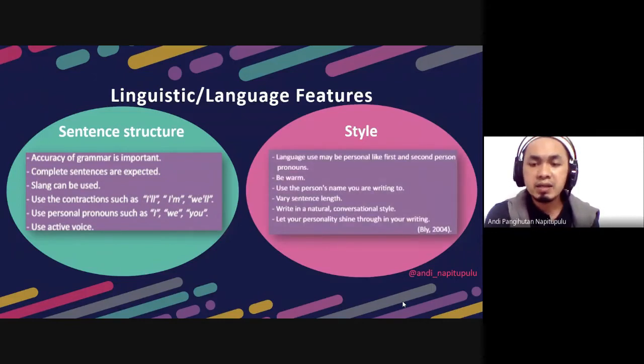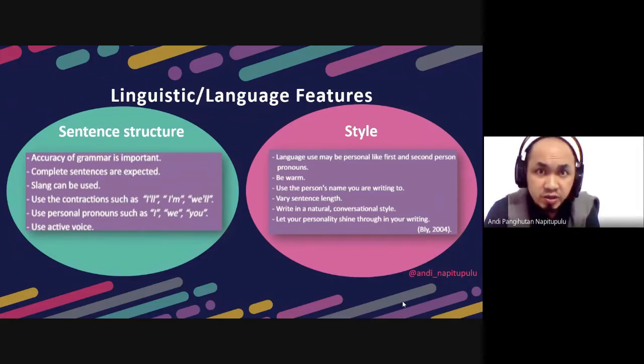In the style, you need to know that the language used must be personal, like first and second person. You know what first and second person are, right? Okay, and the second thing, your language must be warm. Also, if you want to write a personal letter, you need to write the person's name.